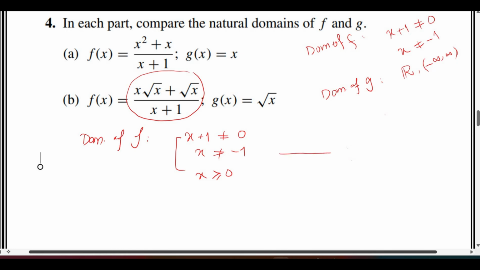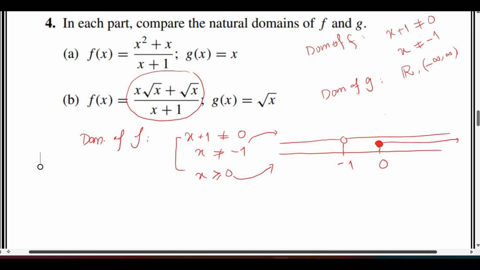So on the real number line, we have minus 1 and we have 0 here. The first one says that minus 1 is not included. The rest, all of them, are included according to this. And according to this, 0 is included and all the numbers which are greater than 0.